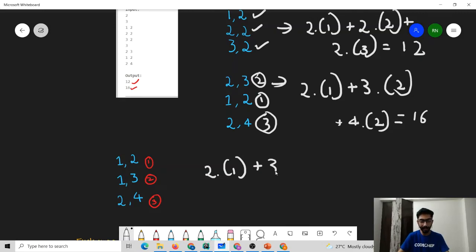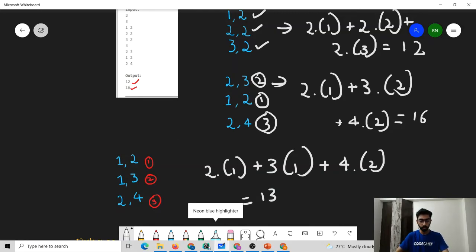Then it will be 3 times again 1, because note that both of these band numbers are the same. So there is only one distinct band that has been played. Plus now 4 times 2. So in total the contribution is 2 plus 3 plus 8, which is 13. So we believe that 13 is the optimum solution.